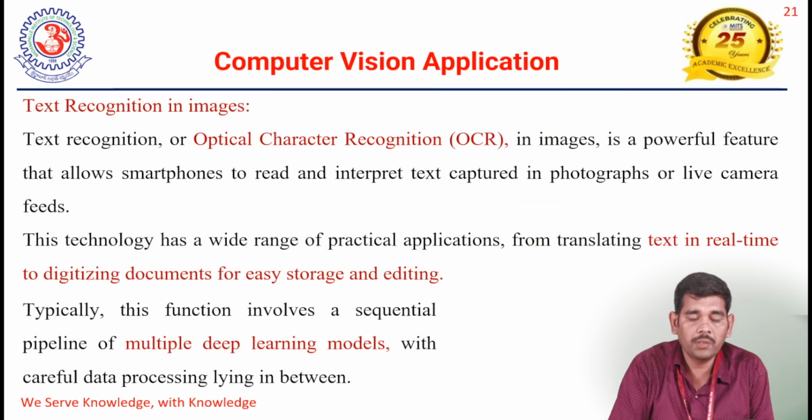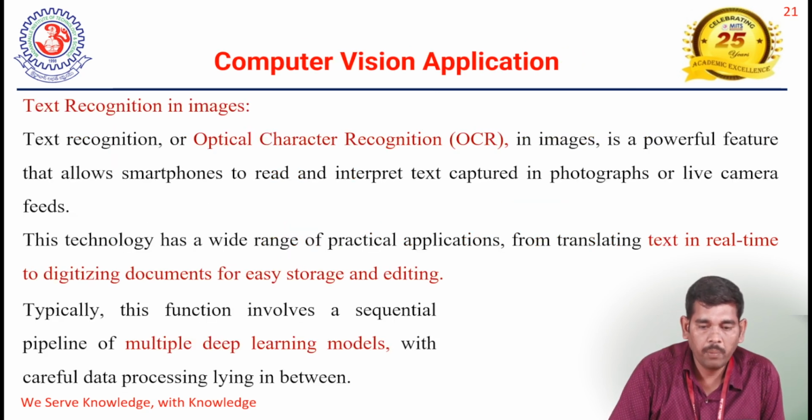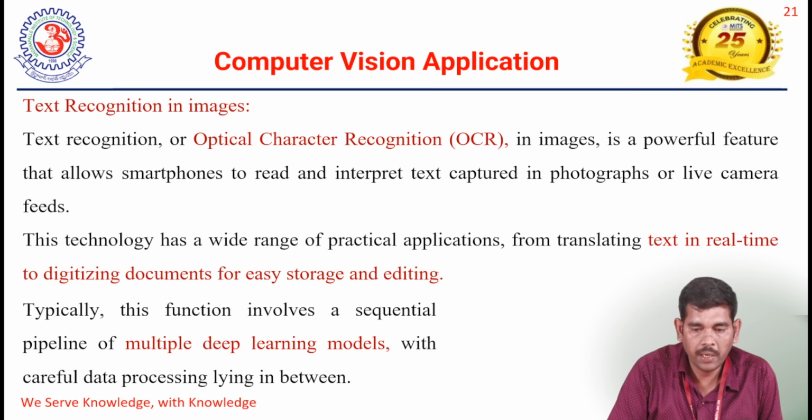The next topic is text recognition in images. This is the text recognition or optical character recognition, OCR. It is a very powerful feature that allows smartphones to read and interpret text captured in photographs or live camera feeds. The technology works on text in real time to digitize documents for easy storage and editing.